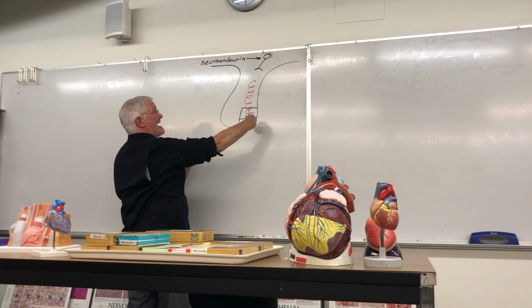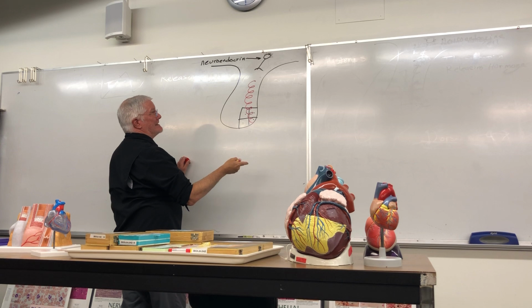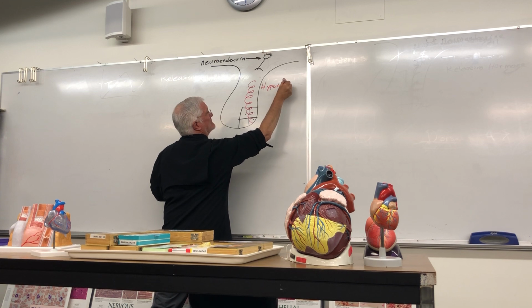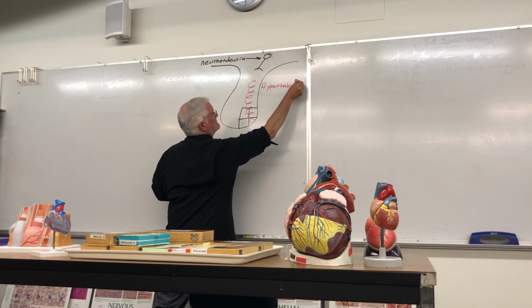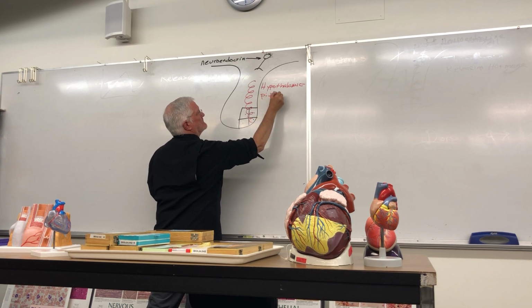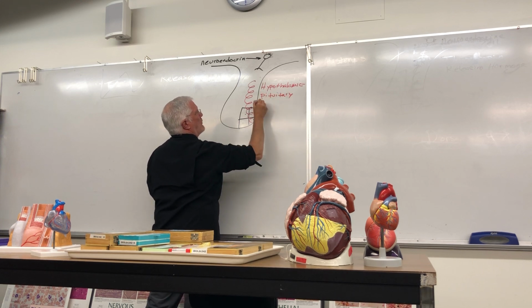It comes all the way down in here. You're going to label it. You're going to call it the hypothalamic pituitary portal system.